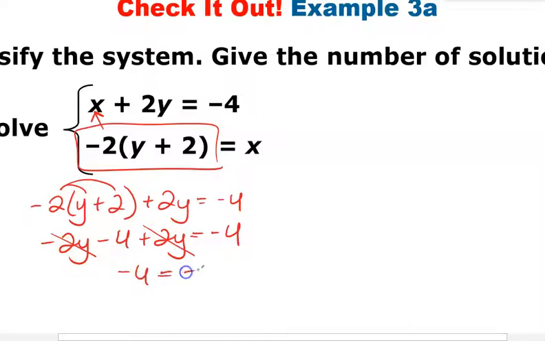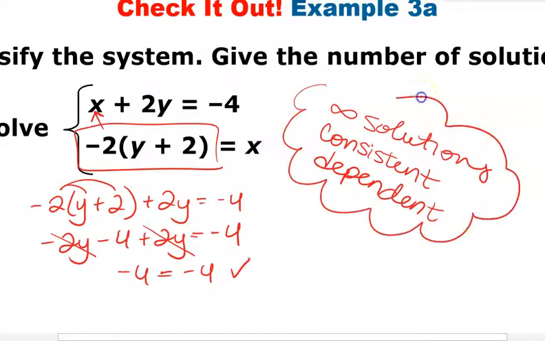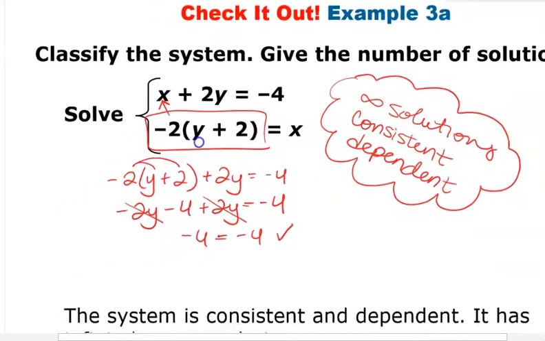I get negative 4 equals negative 4. Ooh, that's a true statement. That means that I have infinite solutions. I have at least one solution, so it's consistent. And since it's all the solutions, it's infinite, it's going to be dependent. You can look at your chart if you need to, maybe write your chart on a note card. There you go.